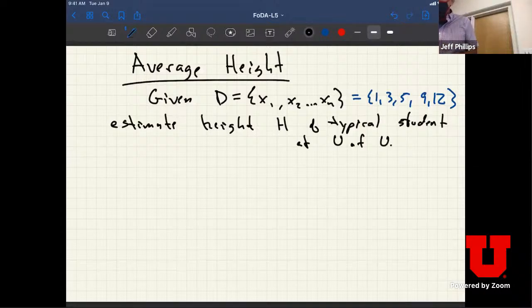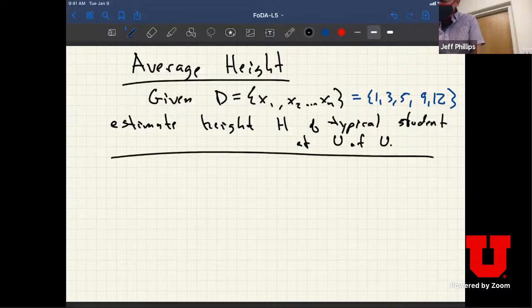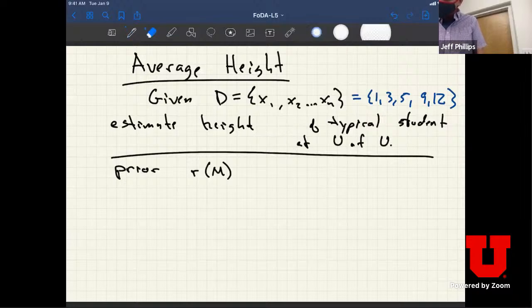What we're going to add this time is that we now have a prior over this model of the height. This can be a function over the model of the height. Just for consistency, let me say this height is m here again.